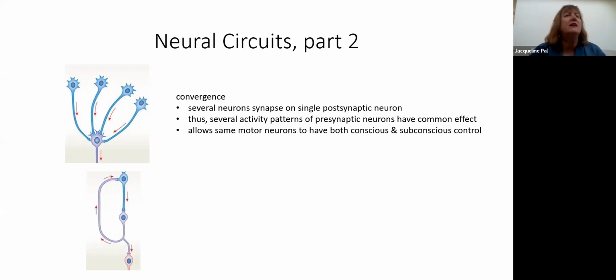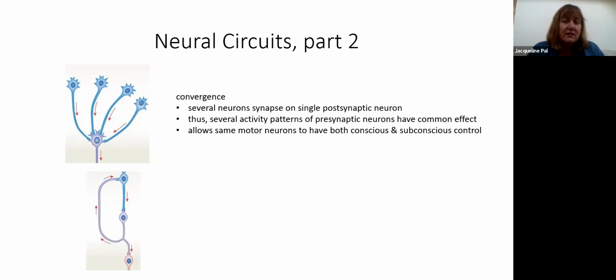So at this point in the class, you understand the diaphragm, when it contracts, it enables you to inhale or to breathe. Okay. And when you're sleeping at night, that's happening subconsciously. And so your diaphragm is getting messages which originated in your brainstem and then traveled in neurons to your diaphragm to stimulate it to contract.